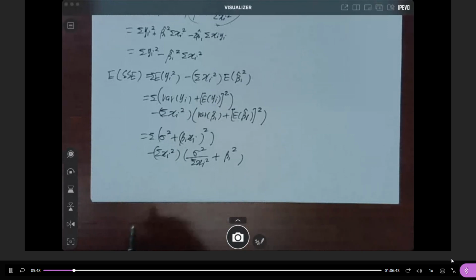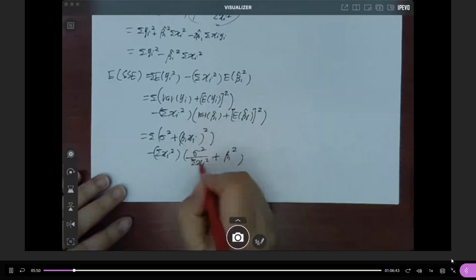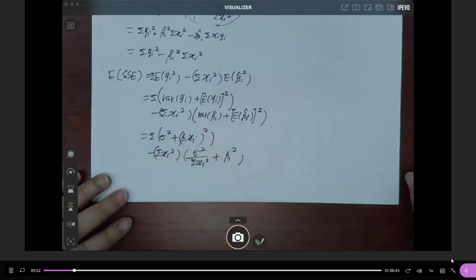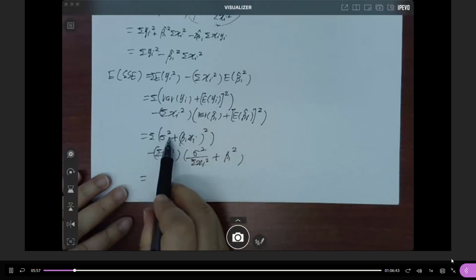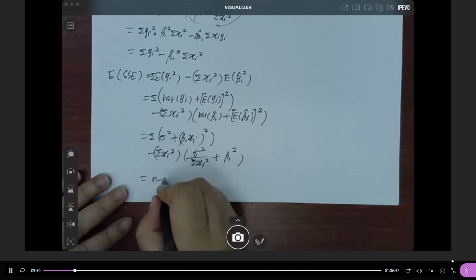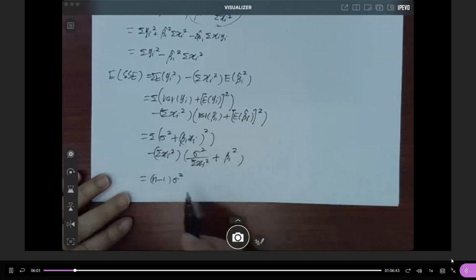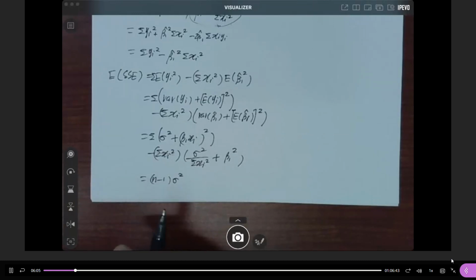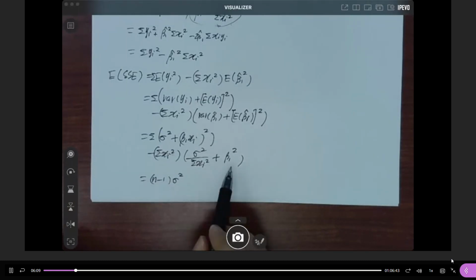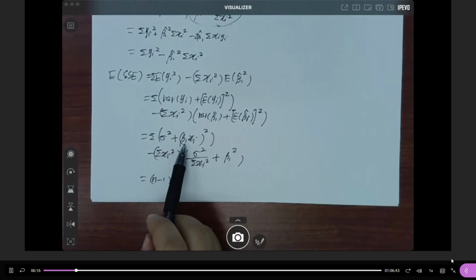Now you can see this summation xi squared cancelled. So you basically have n times sigma squared minus sigma squared, so n minus 1 times sigma squared, and this is beta 1 squared summation xi squared. How about the other one? This is also beta 1 squared summation xi squared, because beta 1 is constant with respect to the summation, so you can take it out.